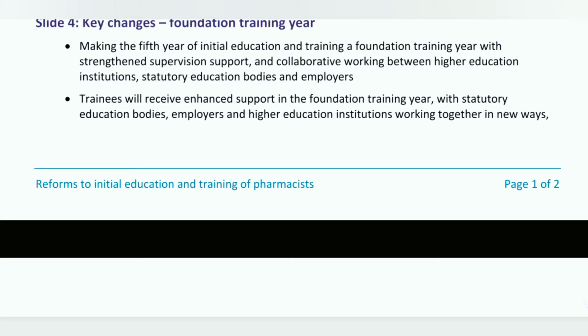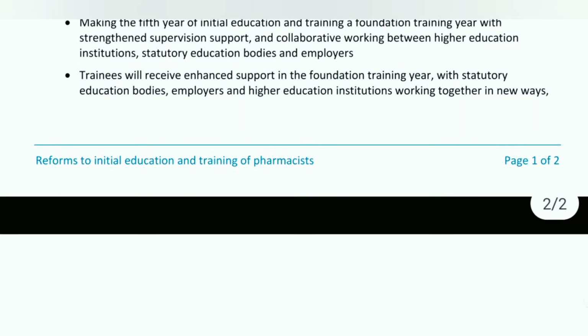The key change to the foundation training year is making the 5th year of initial education and training a foundation year with strengthened supervision, support, and collaborative working between higher education institutions, statutory education bodies, and employers. That is, the pre-registration year is now substituted for a foundation year, which is going to be more intense and detailed, making you a better pharmacist, unlike when you come out and you're still clueless on what you're going to do.